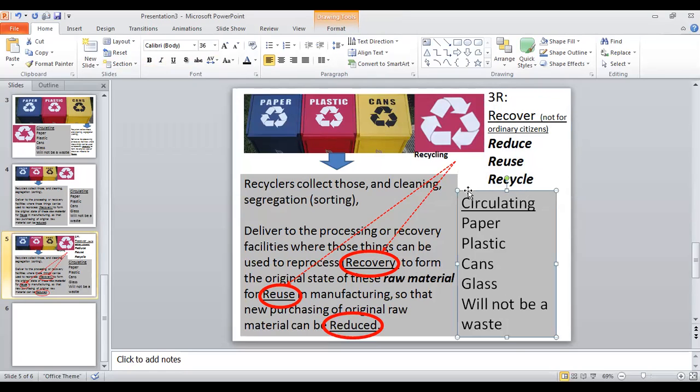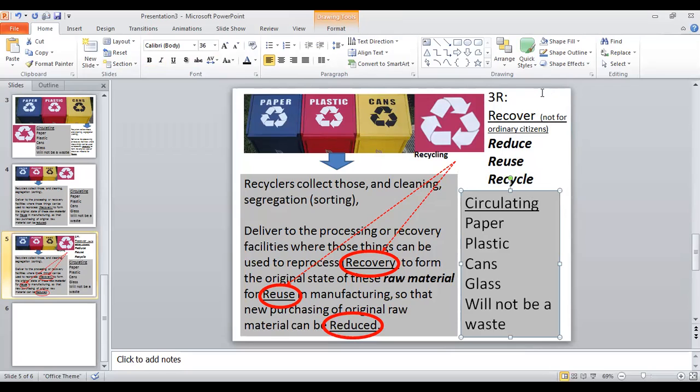Okay, but when it comes to industries, recovery will come into place. Okay, recovery. Then reuse. Okay, so that is recycle. Recovery and reuse is recycling. As a result, the new material consumption is reduced.